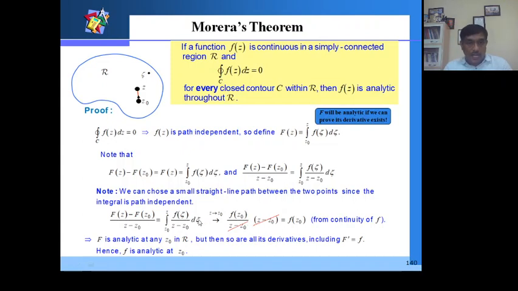It is also a path, dz is a path, then z minus z naught is equal to f of z naught, because the function is continuous. If f is a continuous function, then the limit exists at that point, then it is continuous.